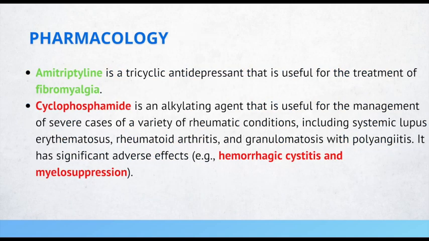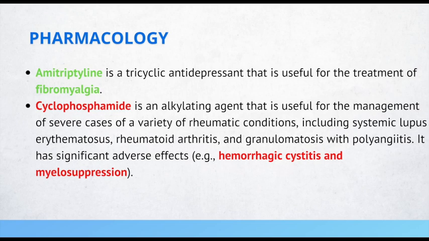Okay, now let's do some quick pharmacology review. Amitriptyline is a tricyclic antidepressant that is useful for the treatment of fibromyalgia. Cyclophosphamide is an alkylating agent that is useful for the management of severe cases of a variety of rheumatic conditions, including SLE, RA, and granulomatosis with polyangiitis.